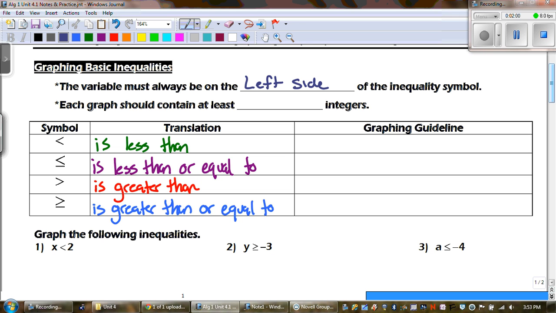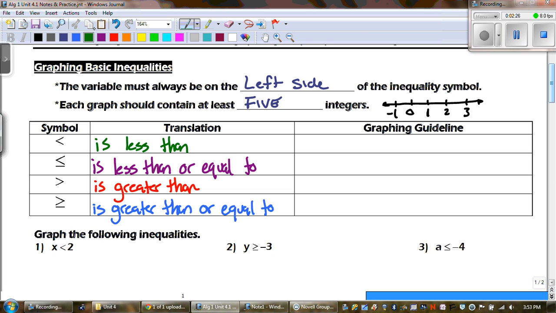And each graph should contain at least 5 integers. Okay, and that's kind of like what we just did where I had the 1 and then I picked 2 numbers above it and 2 numbers below it. Okay?